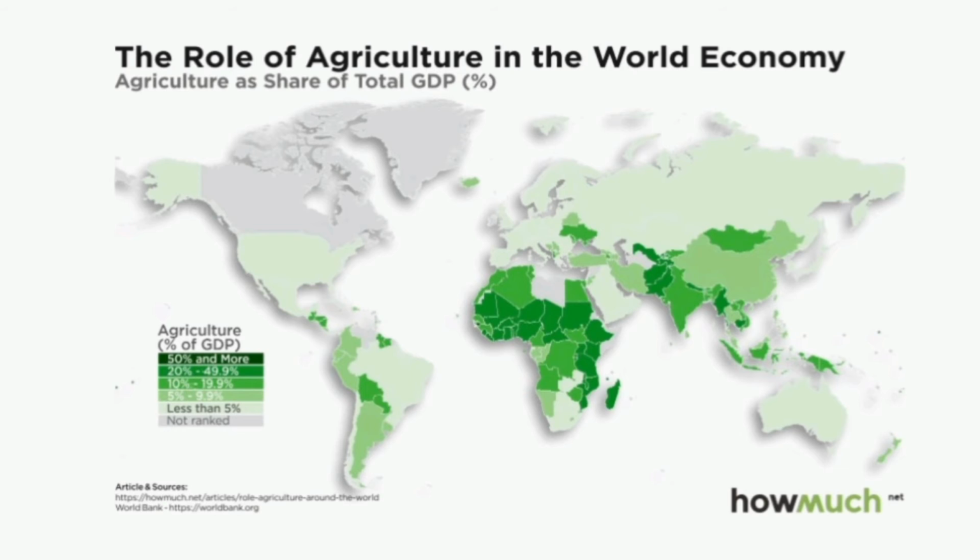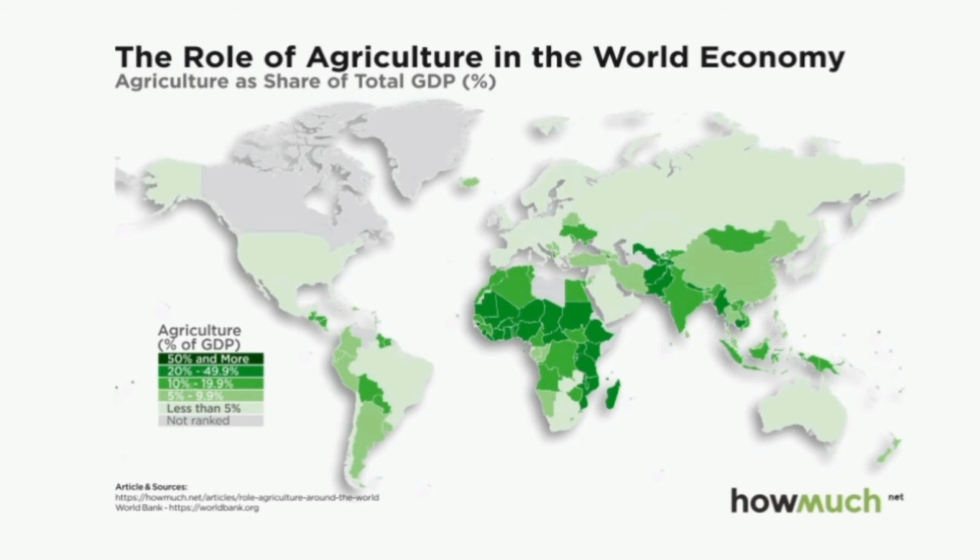You can see in this world map that Pakistan, Afghanistan, and the countries of Middle Africa are third world countries, and their economy is based upon agriculture.